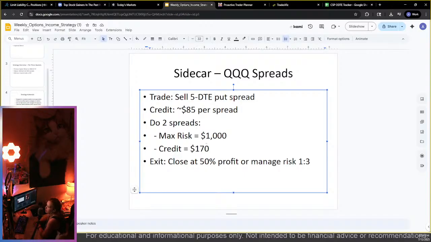I guess the one thing to think about is, I wonder if you could sell one in the 5 to 7 DTE range, and then sell another one at 14. And then every time you're rolling out 1 to 14 and then 1 to 28, so you're constantly rolling them down. I might do that.